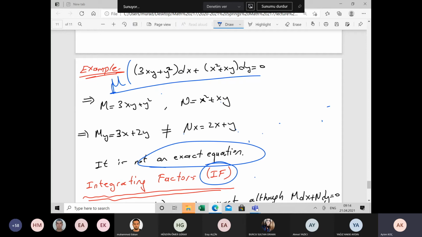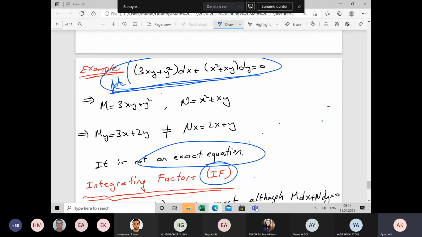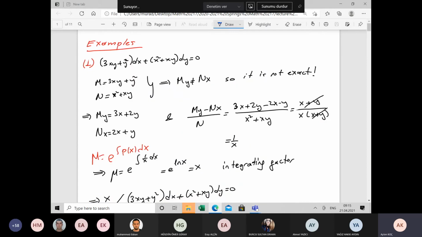This is a differential equation, not exact. Look at this one, the first derivative, and check whether it is an exact equation or not. This one is denoted by M and this one is denoted by N. How do we check whether it is exact or not?